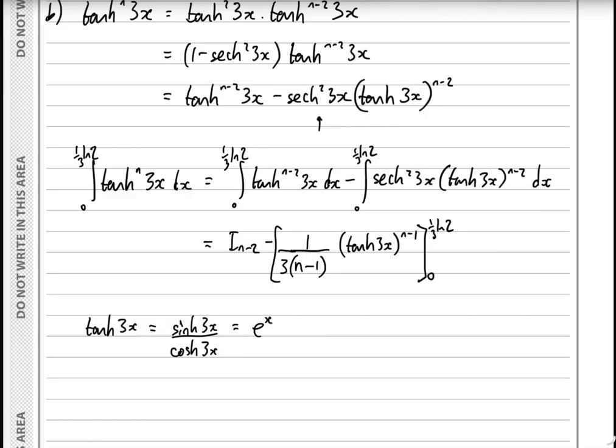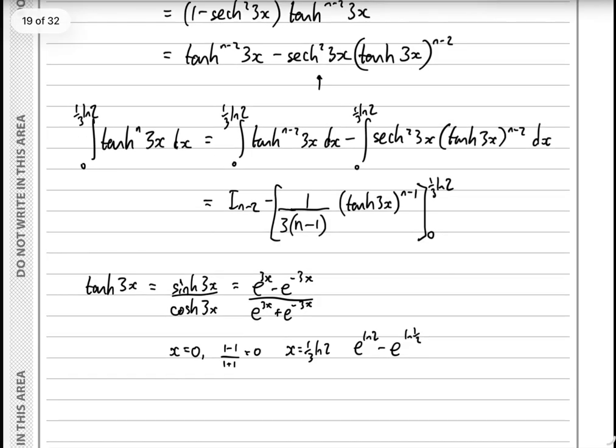That's e to the 3x minus e to the minus 3x over e to the 3x plus e to the minus 3x. And if x is 0, then that gives me 1 minus 1 over 1 plus 1, which is obviously a 0. Great. But if x is equal to a third log 2, then the thirds cancel with the 3, so that's e to the log 2 minus e to the minus log 2, which can be changed into log a half.